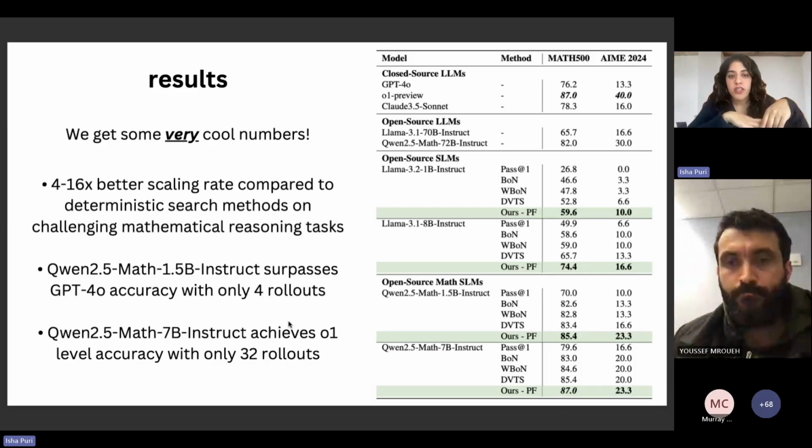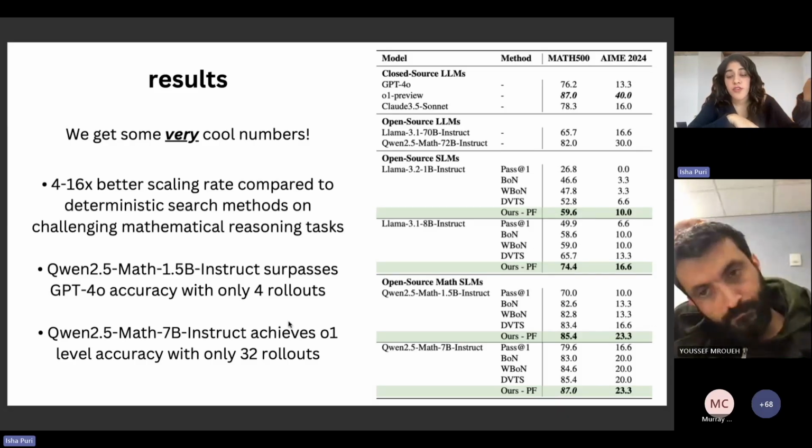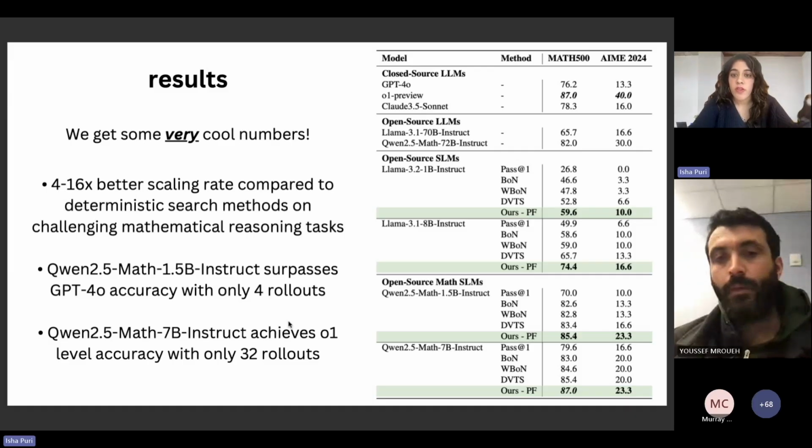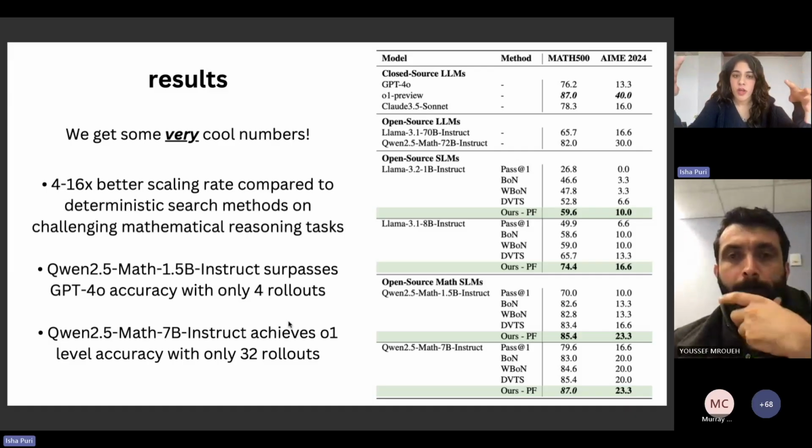And with only 4 generations and 4 particles, you're able to surpass that accuracy. And again, this is with no training at all. You're literally taking an off-the-shelf open source model and an off-the-shelf reward model, using them to guide each other through the process. And you're able to get very, very high accuracies.